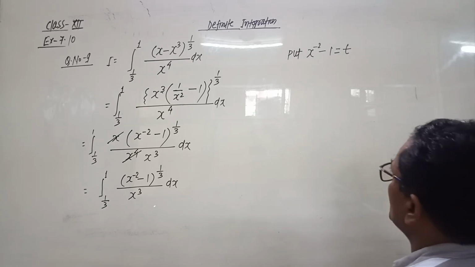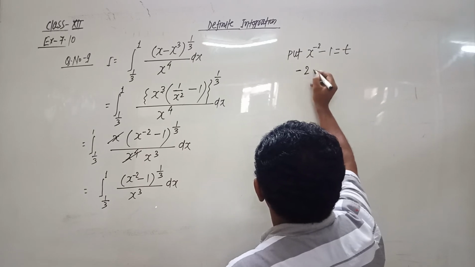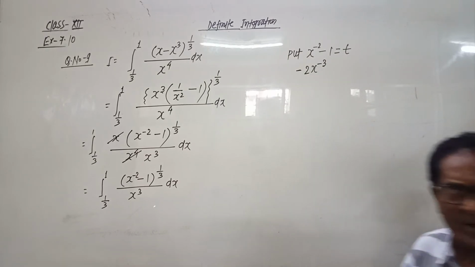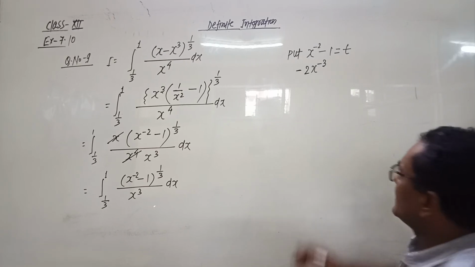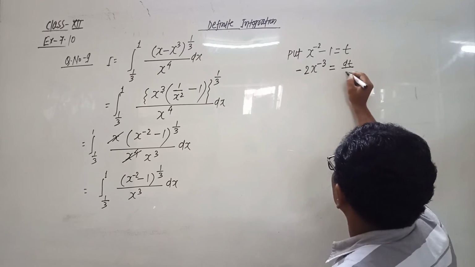Differentiation of x raised to the power n is n into x raised to the power n minus 1. Differentiation of 1 is 0 and differentiation of t gives dt by dx.